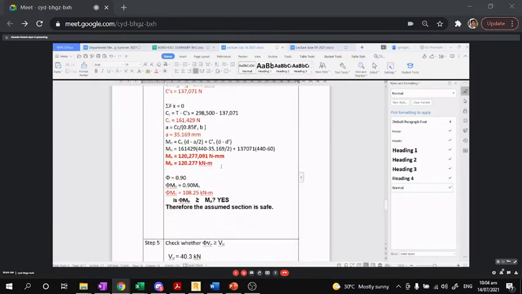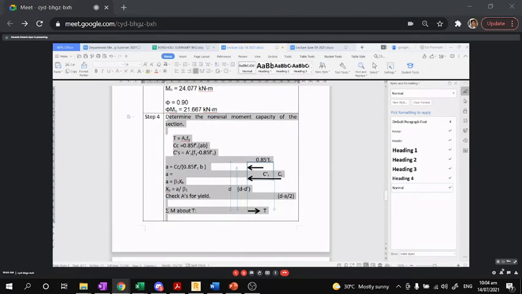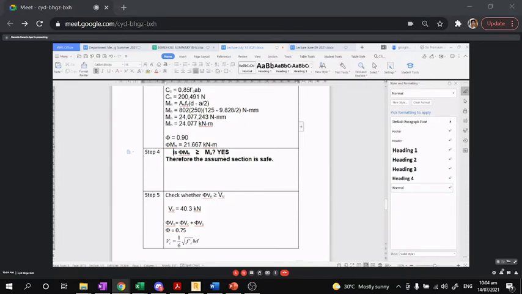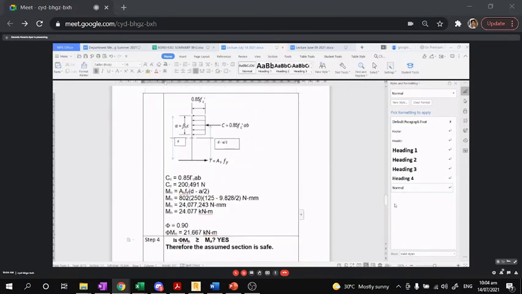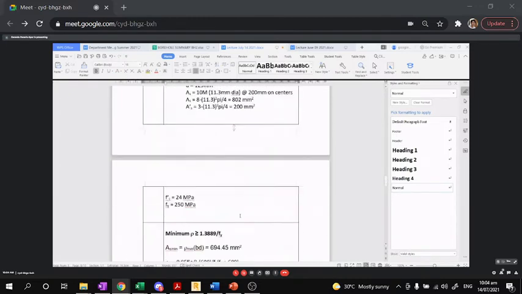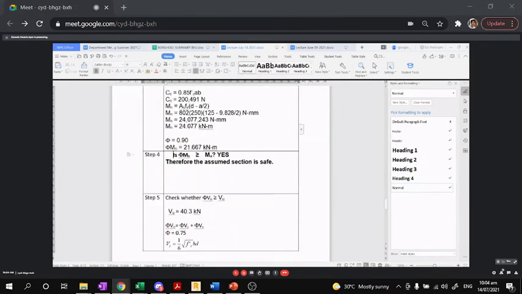So we already did step 1. Okay. So, is PMN greater than MU? What is MU? If we go back to our analysis, the demand, MU is 5.52 only. So therefore, the assumed section is yes.